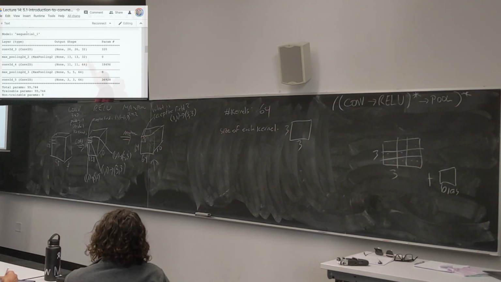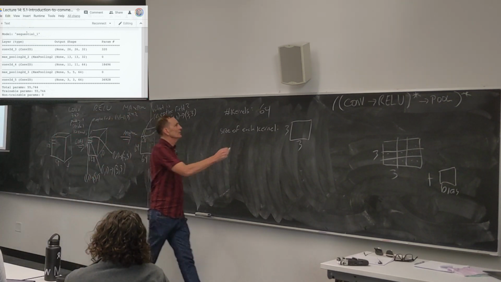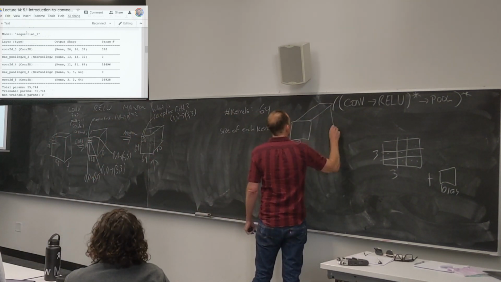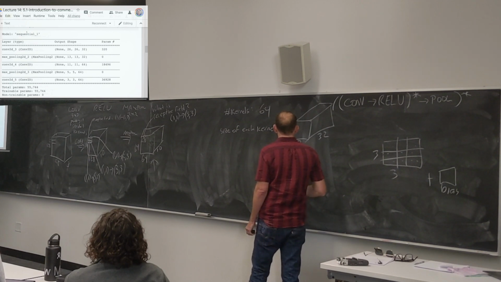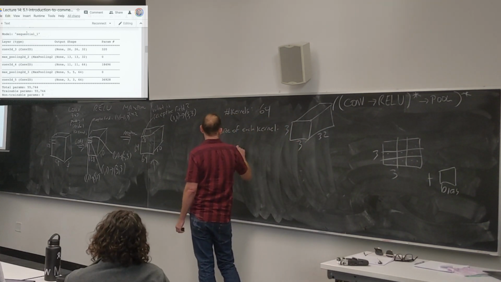So this depth of 32 means each kernel has to be of depth 32 to match this, because we need to operate on the entire depth of this. So it's 3 by 3 by 32.